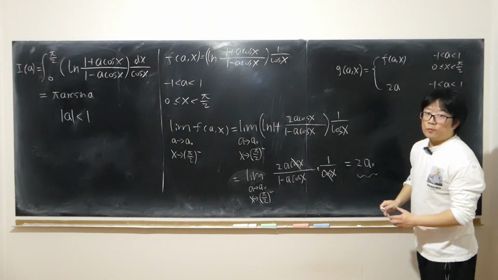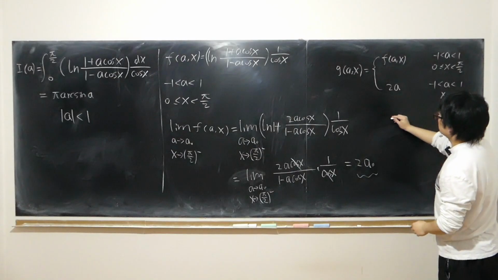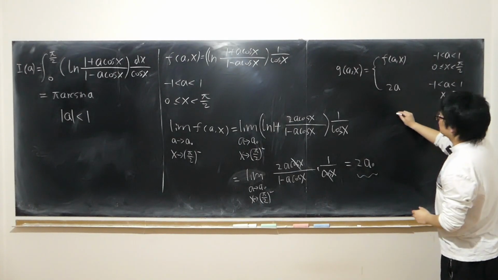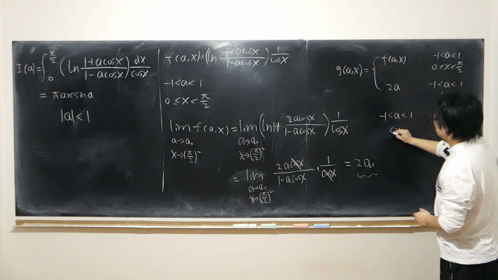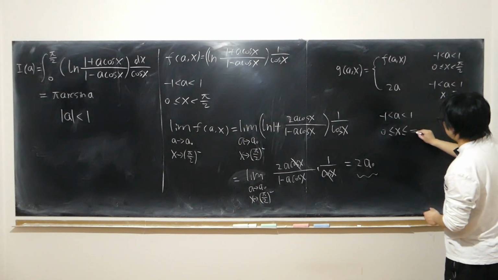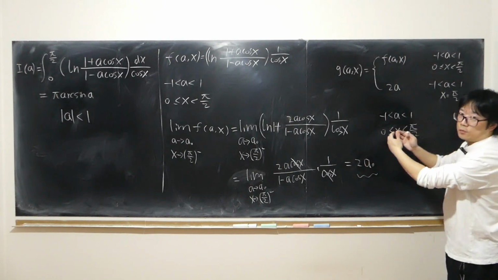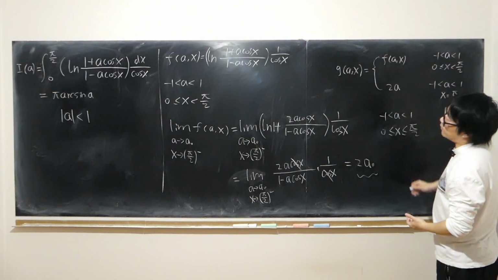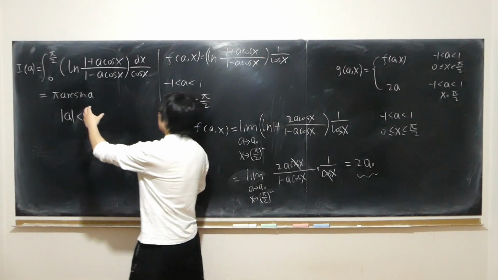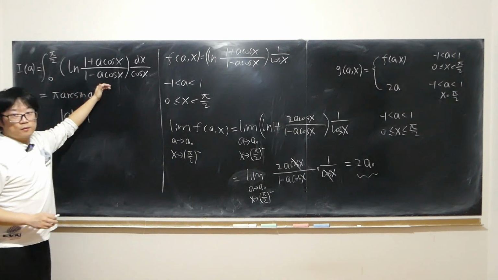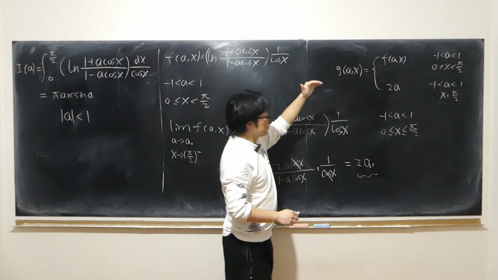That way our new function is continuous everywhere over this rectangle, including both edges. It's a closed rectangular domain, continuous everywhere. So we can do the same thing to g of a, x. But it won't impact the integration value because we only change the functional value at just one point.